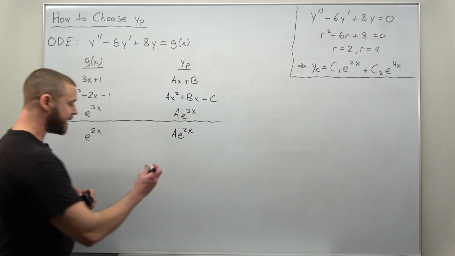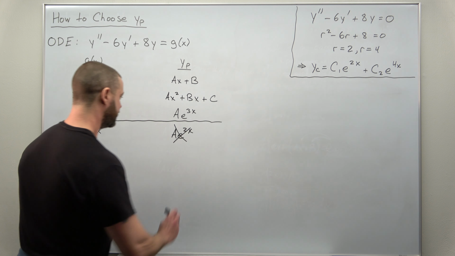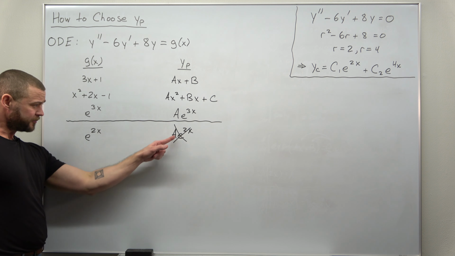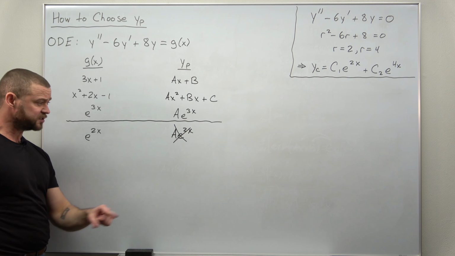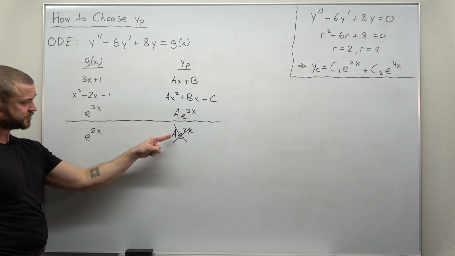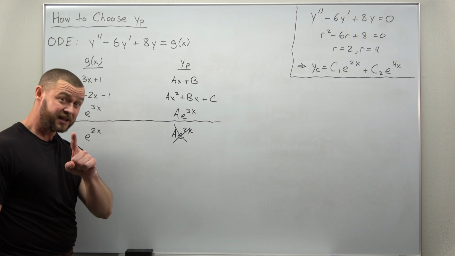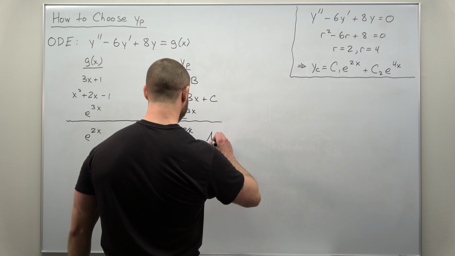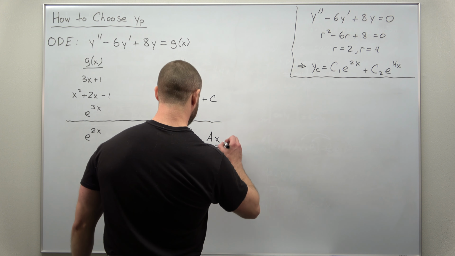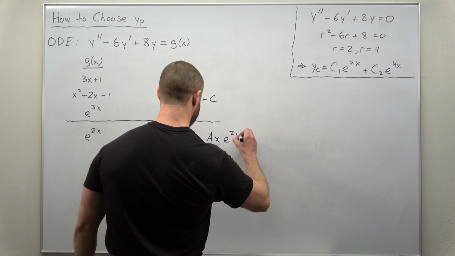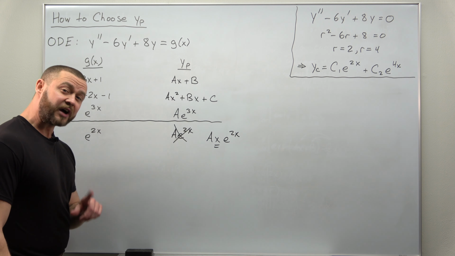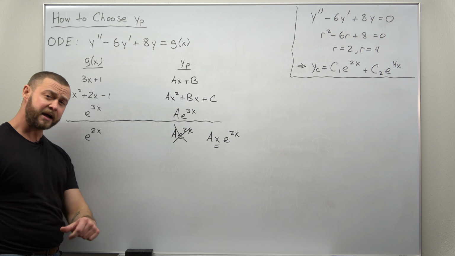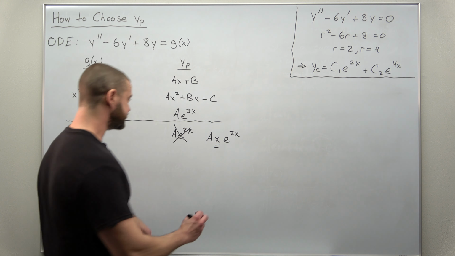Now, how we modify this is by including a factor of x in front. So instead of our initial choice, that's duplicating e to the 2x, rather what we try is our basic choice for the particular solution, but multiplied by a factor of x.